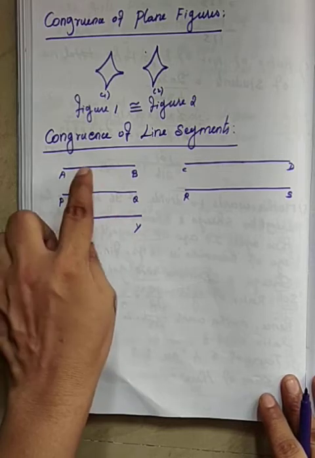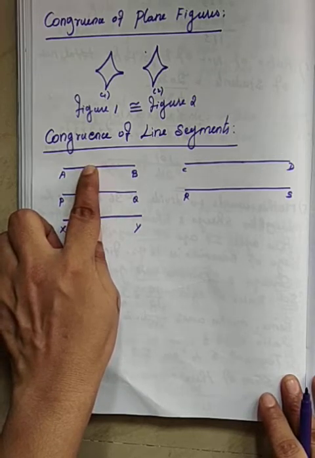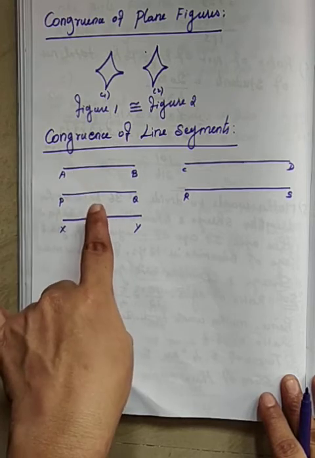Make a copy of AB using tracing paper and place it on PQ.